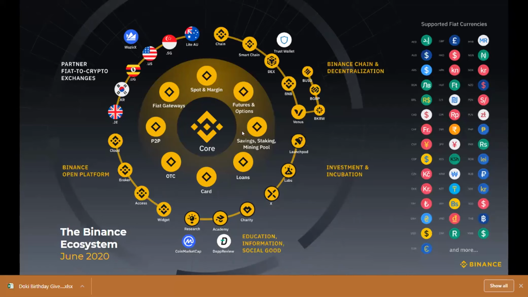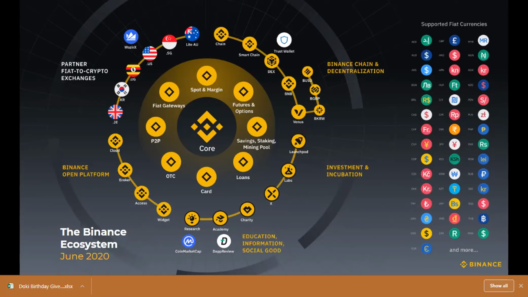That's what fiat gateways mean. Now, Binance has a smart chain, and the token for that smart chain is BNB. There's BNB that's BEP2, then there's BNB that's BEP20. So that one is the smart chain. Binance has decentralized exchanges, like Baker Swap, the swaps you'll be hearing of.